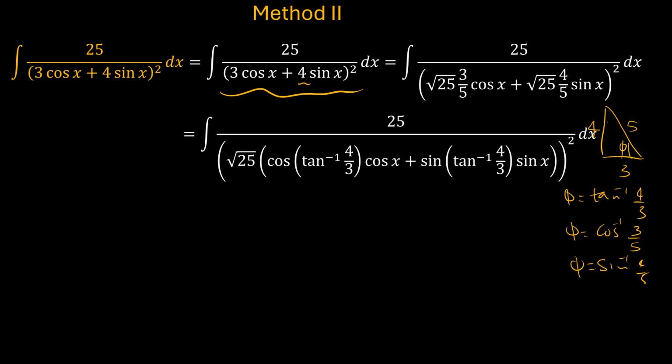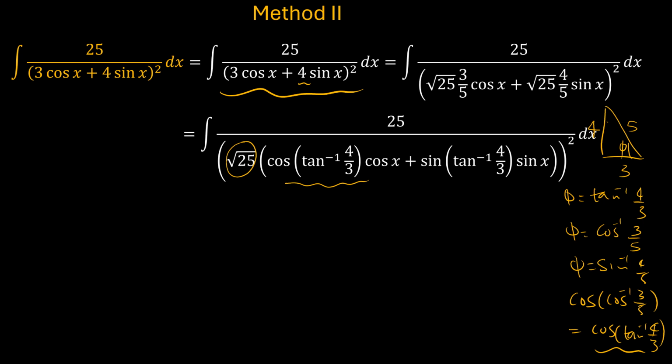So the 3 over 5 there can be expressed as the cosine of the arccosine of 3 over 5, which is the same as the cosine of the arctangent of 4 over 3. So we've written that like that, and we've also decided to pull the square root of 25 out there.